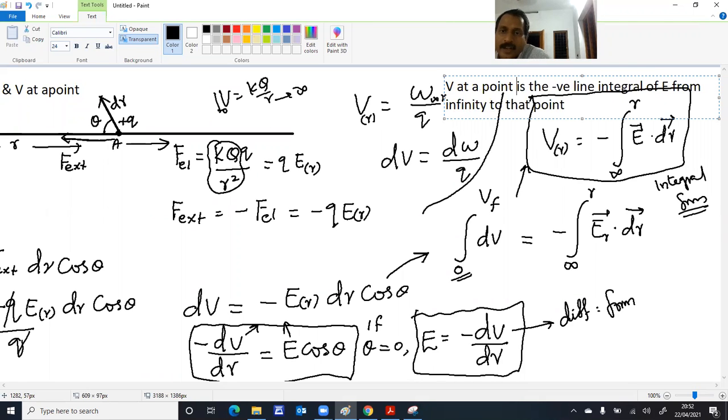Electric potential at a point is the negative line integral of electric field intensity from infinity to that point.